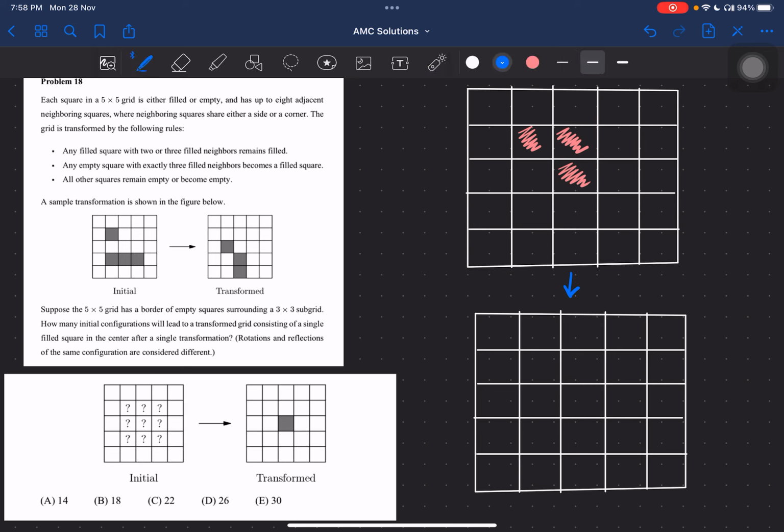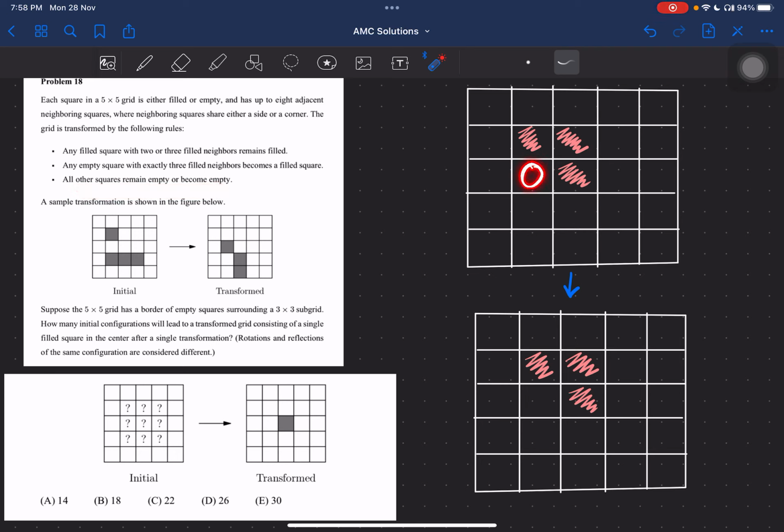So after the transformation, this is filled, this is filled. Now let us see what happens to the unfilled ones. What they're saying is an empty square with exactly 3 filled neighbors becomes filled. For example here, this has 2 filled neighbors, not 3, so it will remain blank. All other squares remain empty or become empty.